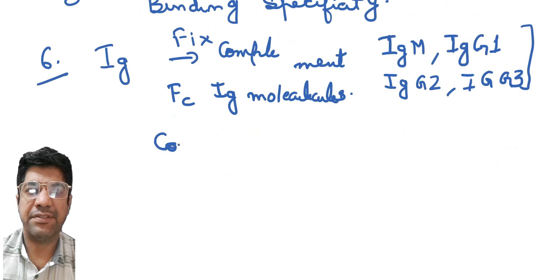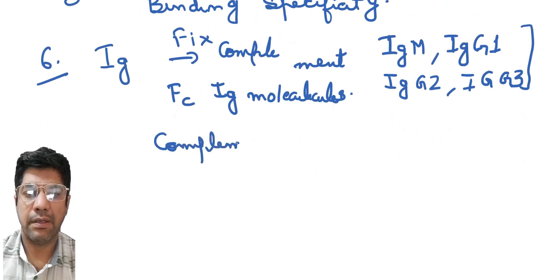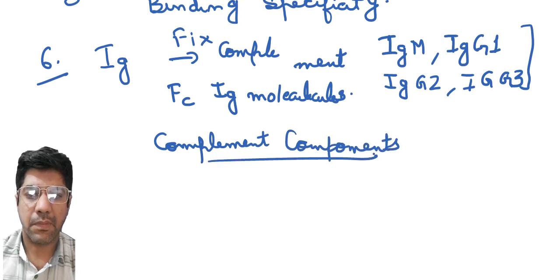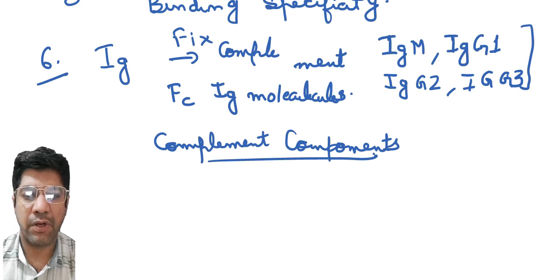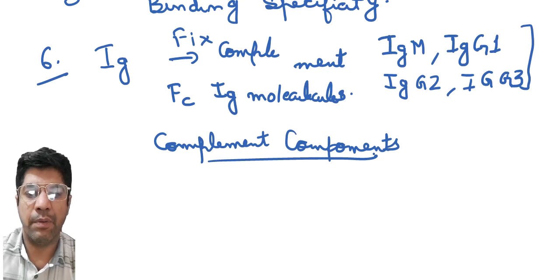Now let us discuss the complement components. The complement system consists of a complex network of at least 30 distinct serum proteins. So these proteins include not only the complement components but also the properdin system proteins and control proteins.